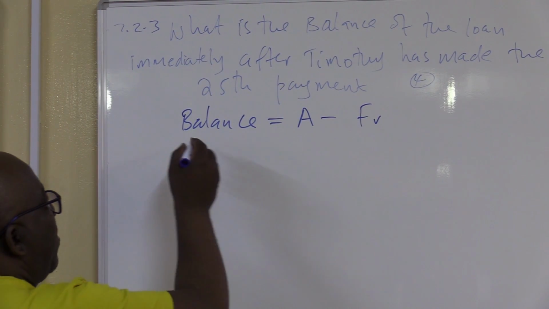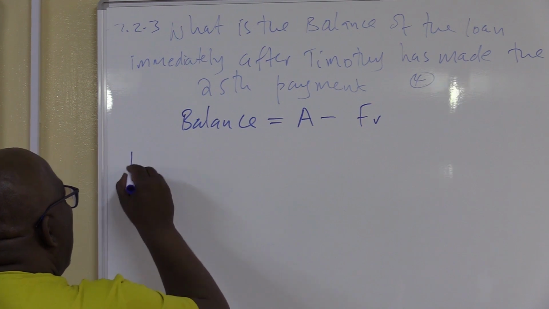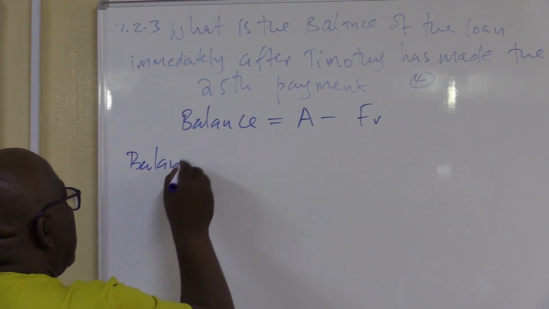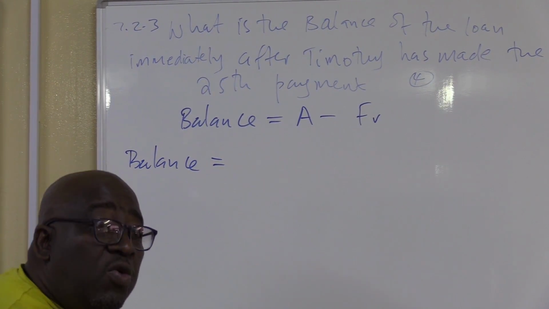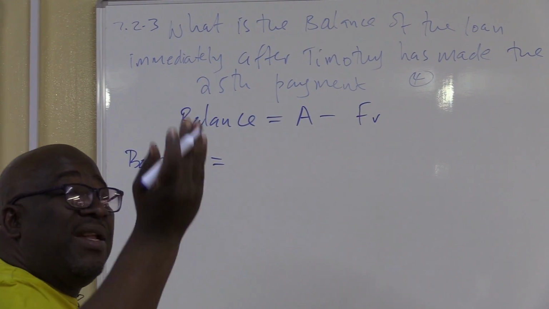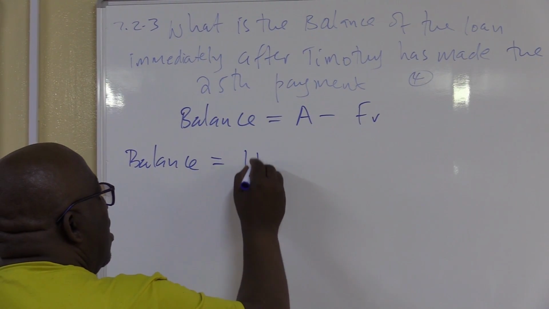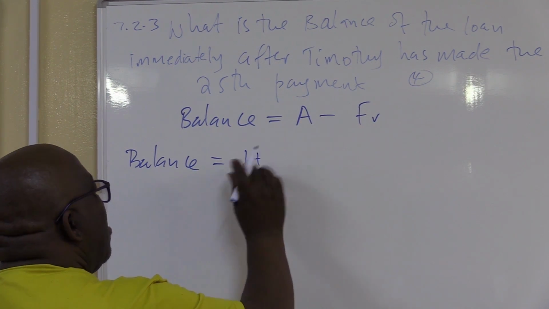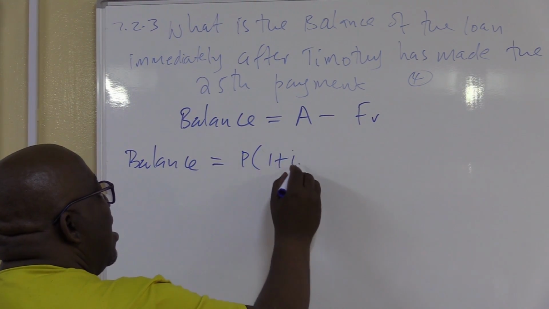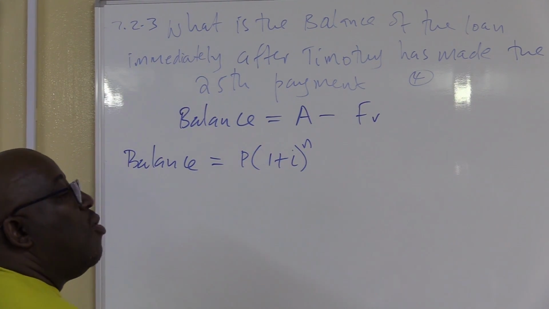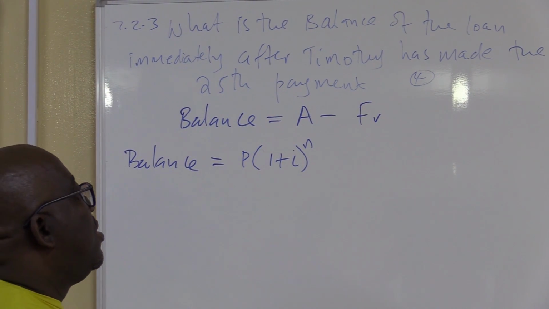So in actual fact, the balance is equal to, what is A? Do I know the formula for A? If the loan is increasing, it increases with compound interest. It's going to be P into (1 plus i) raised to the power n. That's how my loan will be going up.